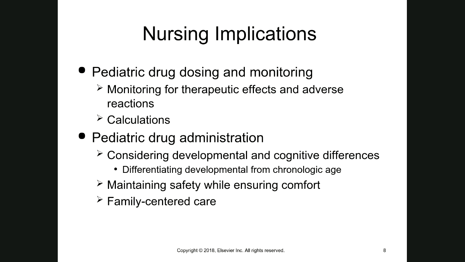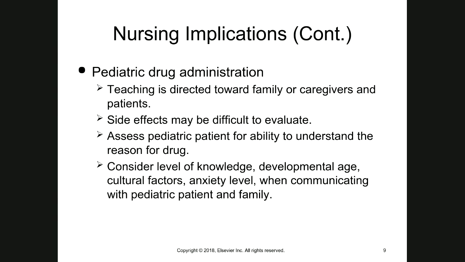Now, the calculation of medications, like we had just gone over at the beginning of the chapter, is based on the FDA recommendations, and pediatric dosing is now available for over 450 drugs. And like we talked about in the first chapter, this has come about because more medications are being tested on young children.